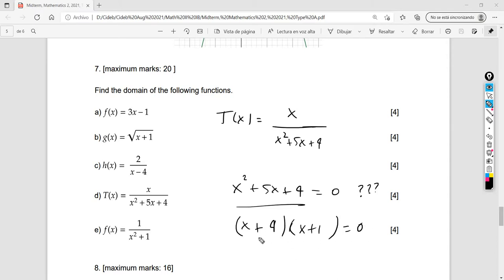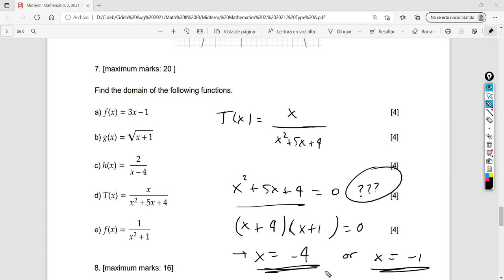Okay, and this one does work. And I'm not gonna do the whole solution again. This is simply x equals minus 4 or x equals minus 1. But by asking this question, this is the response that you get out of logic.